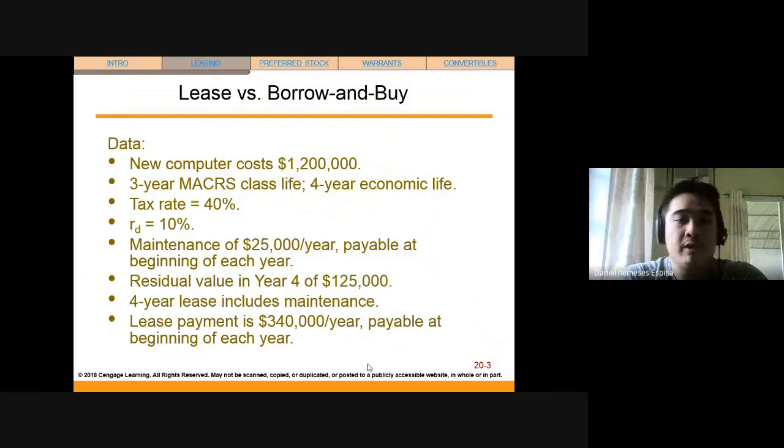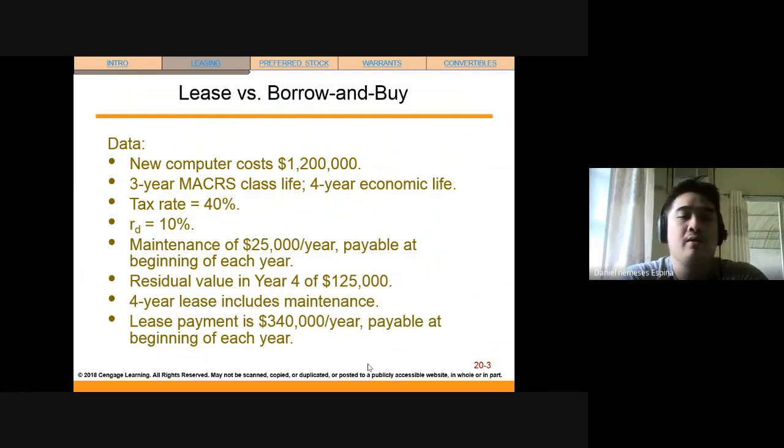In the Philippines, I do not hear of a company that is using the MACRS. And the asset has a 4-year economic life, and the tax rate is 40%.